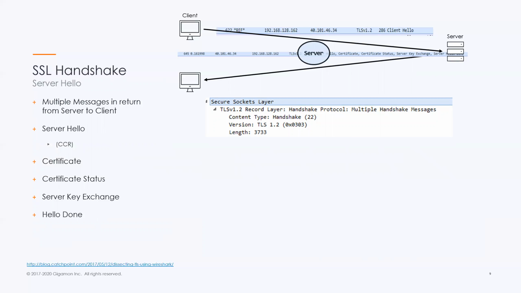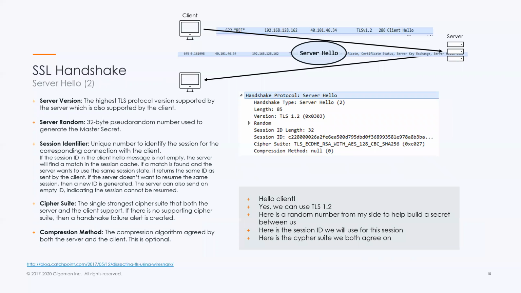So then the next piece is the server hello. The server hello comes back from the server after the client hello. The server sends multiple messages to the client. So there's a server hello, then the certificate, the certificate status, the server key exchange, and the hello done. So we'll go through that.